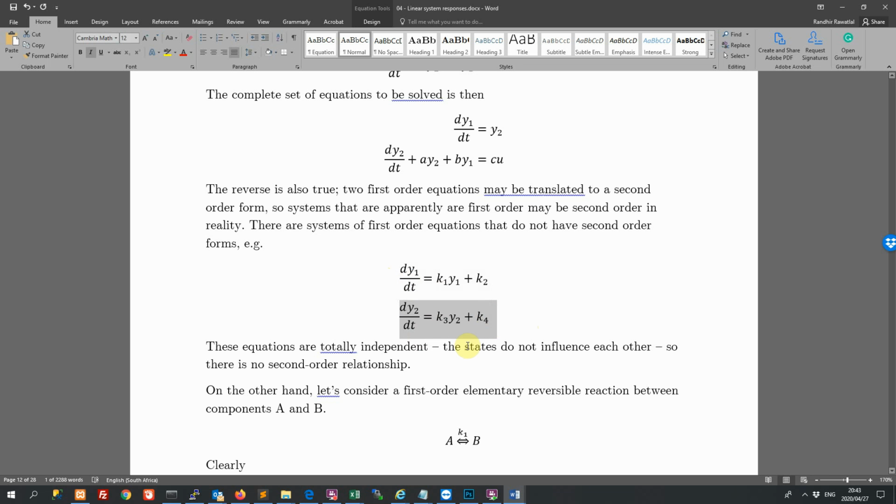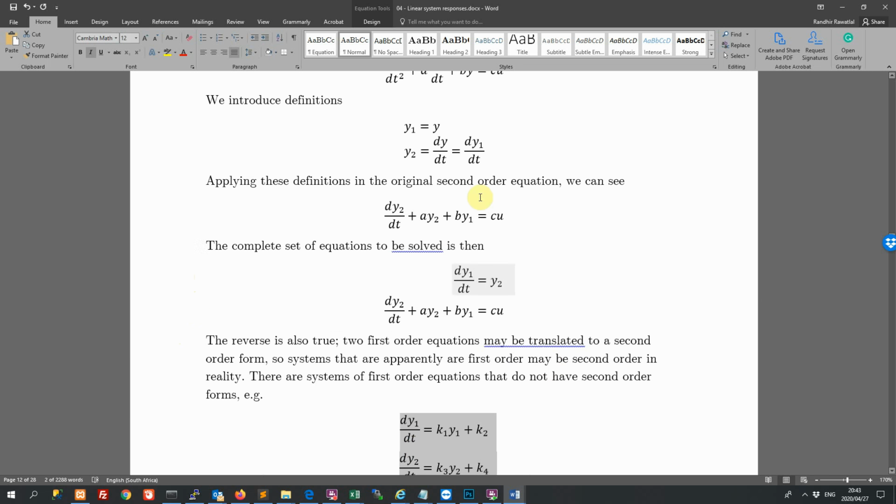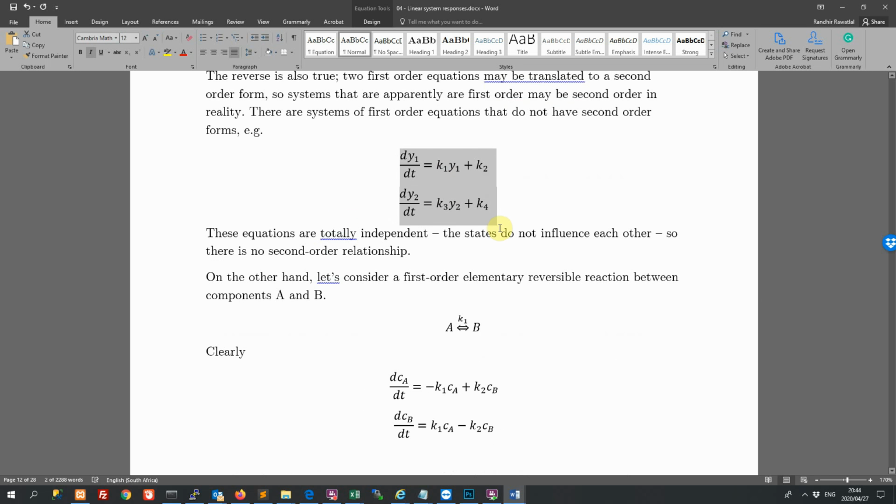I'm saying this to be strict: it's not necessarily the case that whenever you have two first order equations it means it's second order. It is possible that it's not. So you have to look at your system, understand what it's doing, and look for whether or not it's second order. Don't look for automatic easy rules that don't apply.